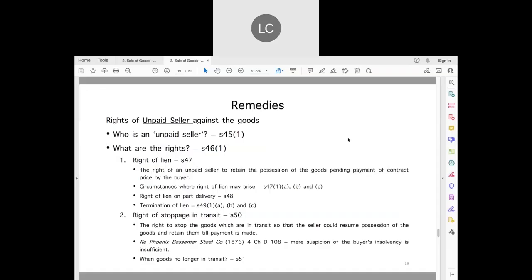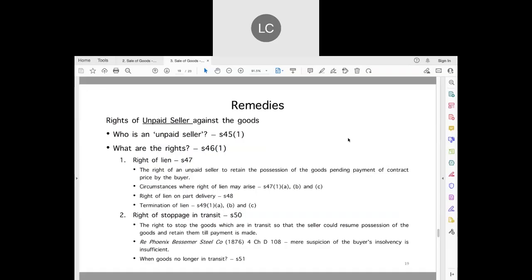Because 55 and 56, as I said just now, are to ask for money, either for the compensation or for the contract price. But apart from these two, under 46, the unpaid seller has certain rights over the goods.